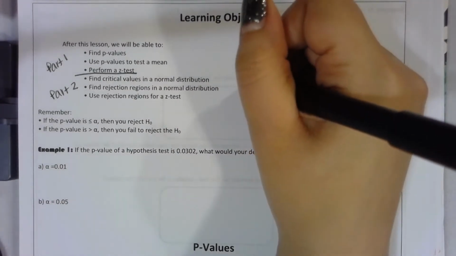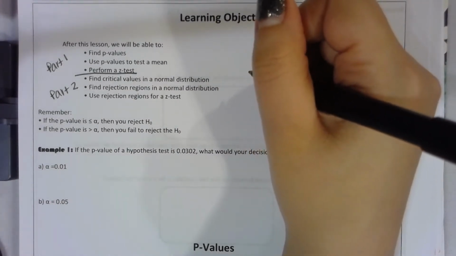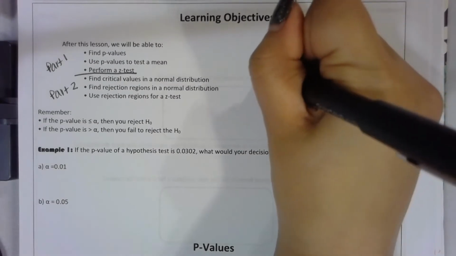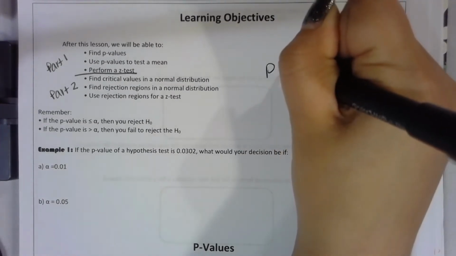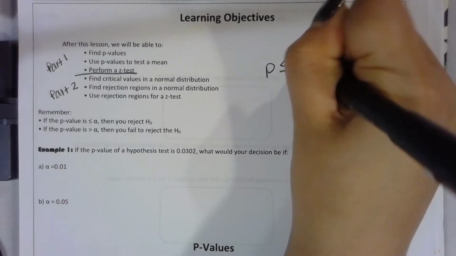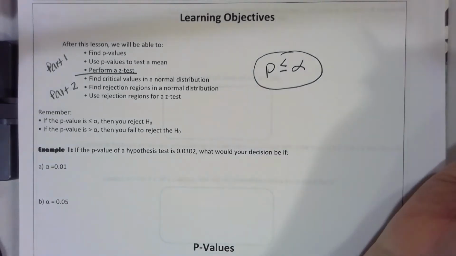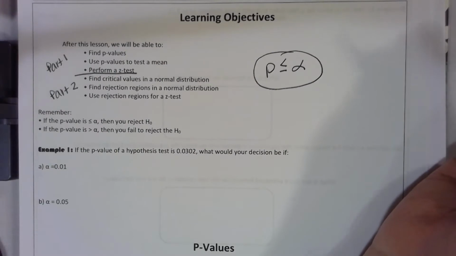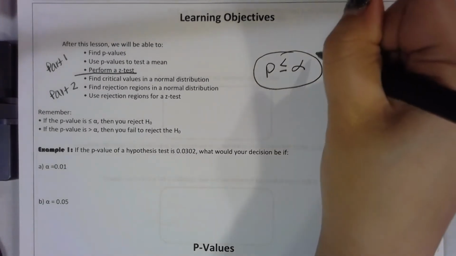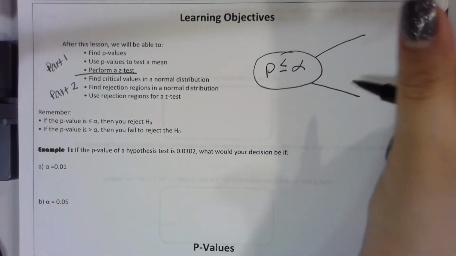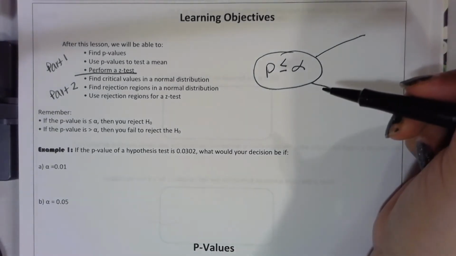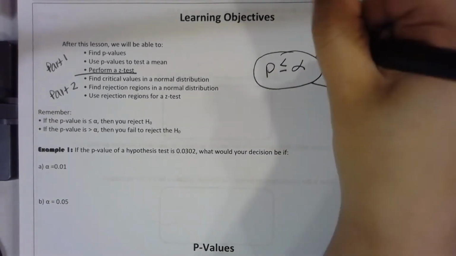Then you ask yourself, is p less than or equal to alpha? If your answer was yes, then you reject the null hypothesis. However, if your answer was no, then you fail to reject your null hypothesis.